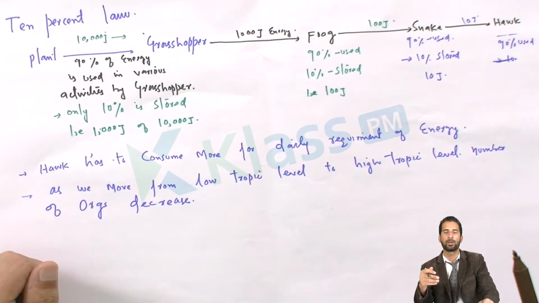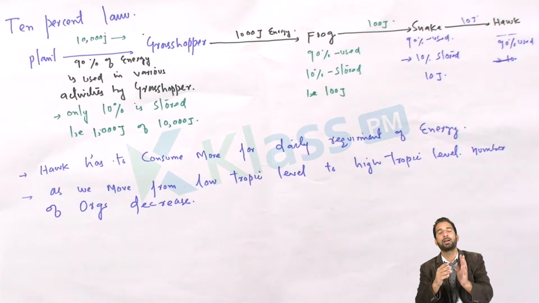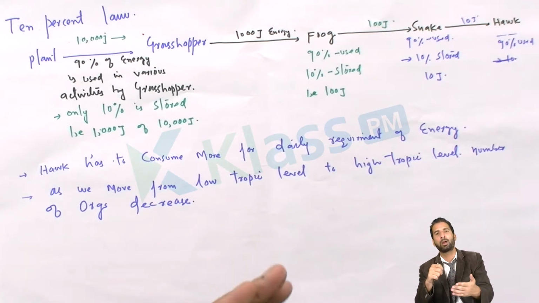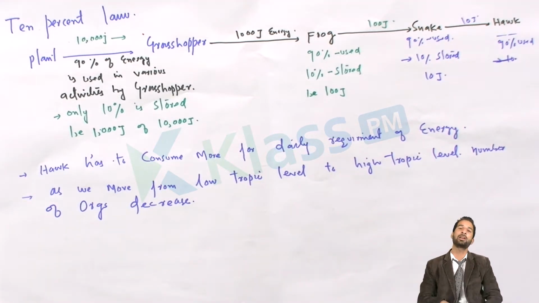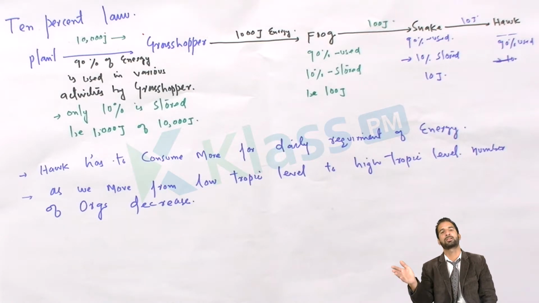So please understand, out of 1,000 joules, only 100 joules reach the frog. It means 900 joules are being wasted.